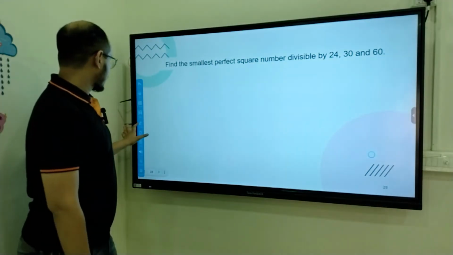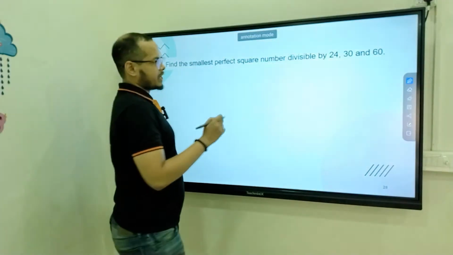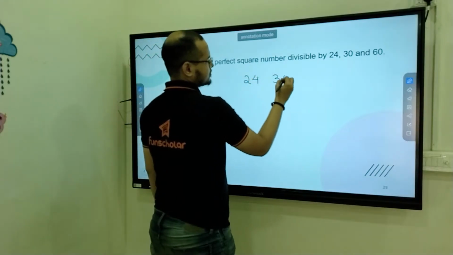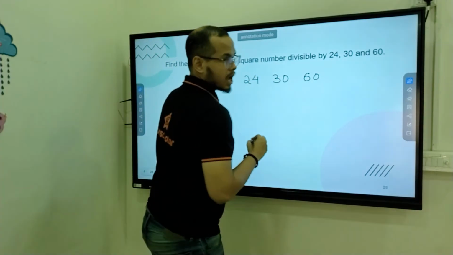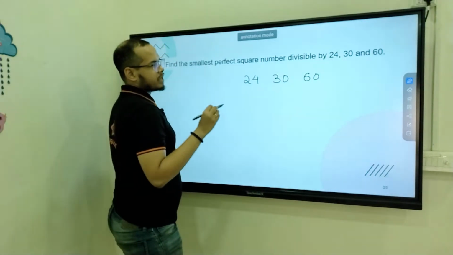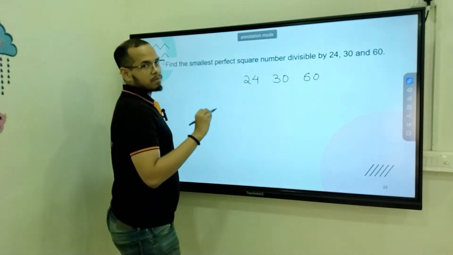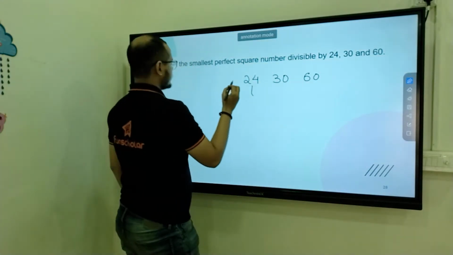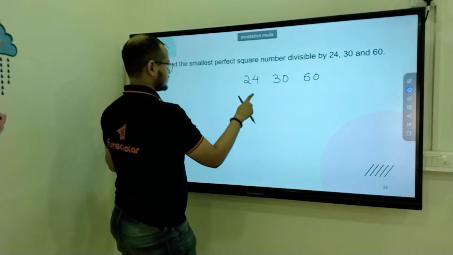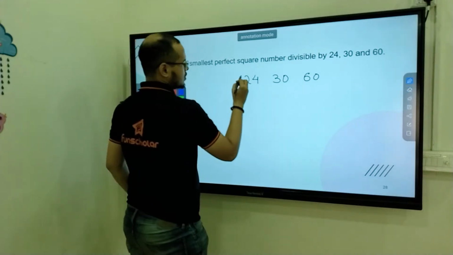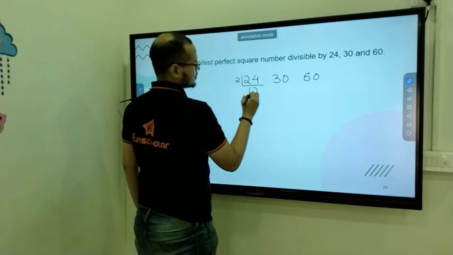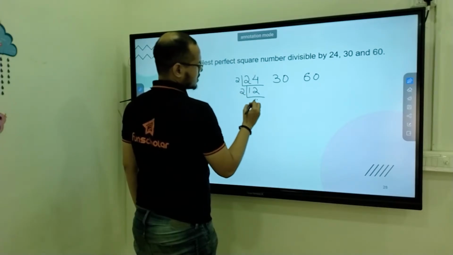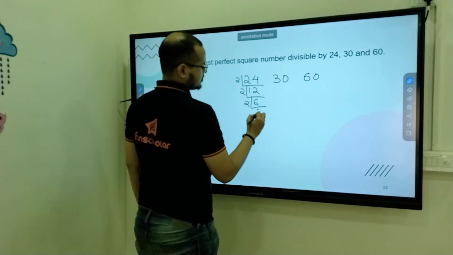First thing, let's write 24, 30 and 60. I'm doing one thing separately to understand the different numbers present in this. First, 24 can be written as 24 divided by 2, 12 divided by 2, 6 divided by 2, 3.